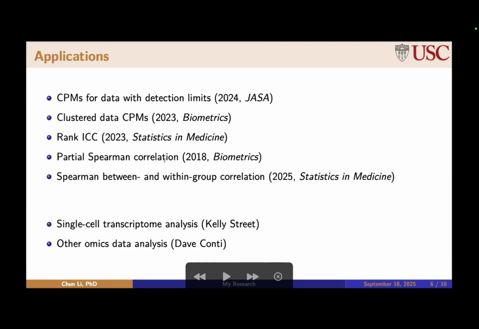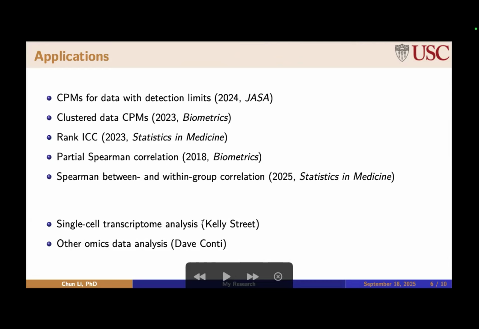We did some work on this and got a few papers out. One paper, last year in JASA, basically said this method could be used for detection limits. Last year I gave this talk for our seminar and got a few faculty here interested.